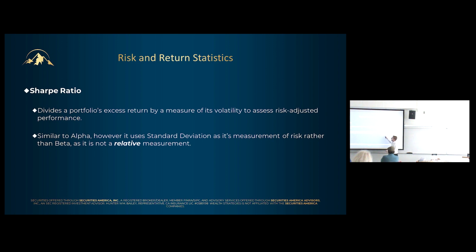Because like I mentioned, it's not a relative measure. We're not measuring this against the S&P. We're not measuring this against the bond ag. We're just measuring this against the volatility of the thing itself: based on how volatile this stock is, how much extra return have we gotten this year, based on the standard amount of volatility that we tend to see.